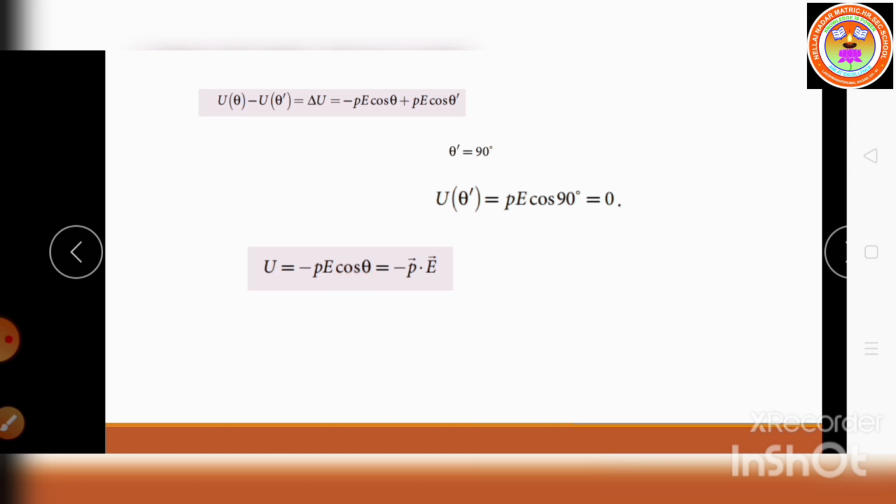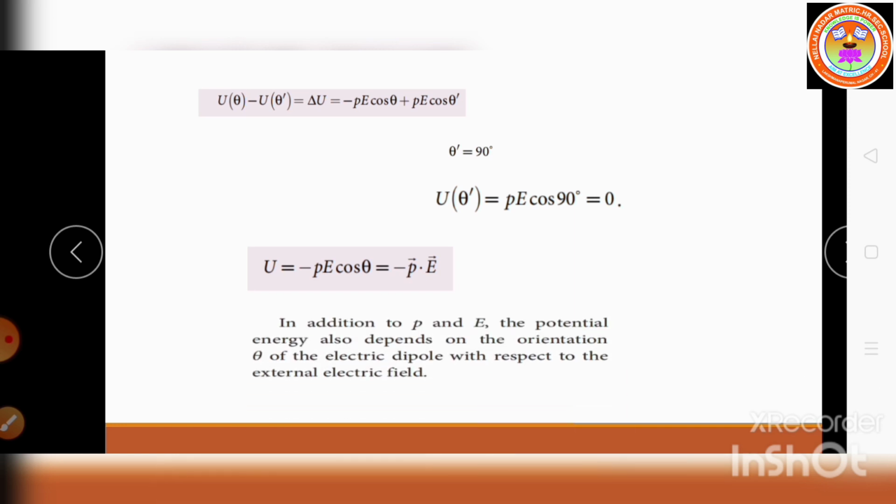If I write it in vector form, instead of PE cos theta, it is a dot product. So I can write minus P vector dot E vector. And also, children, in addition to P and E, the potential energy also depends on the orientation of the electric dipole with respect to the external electric field.